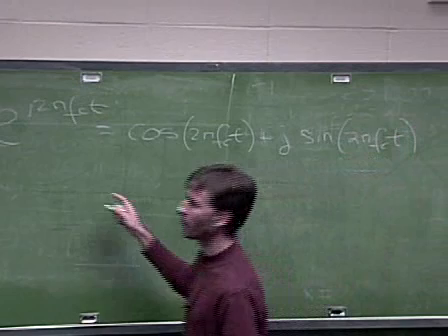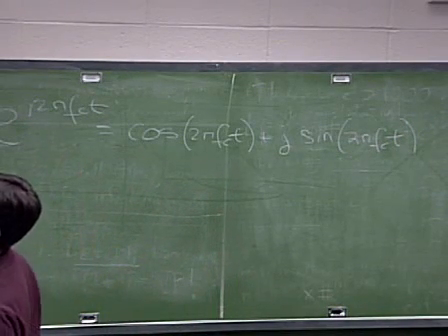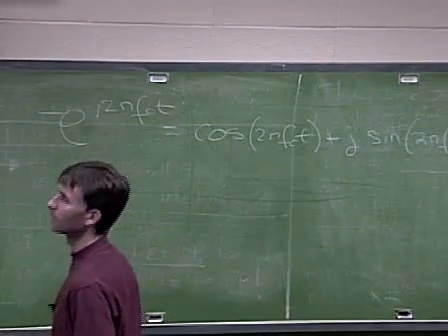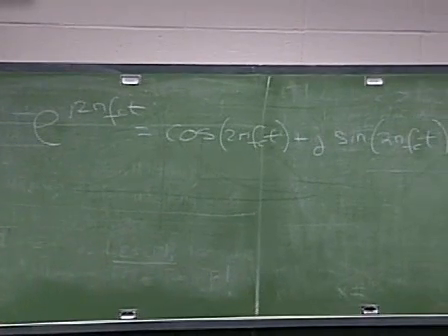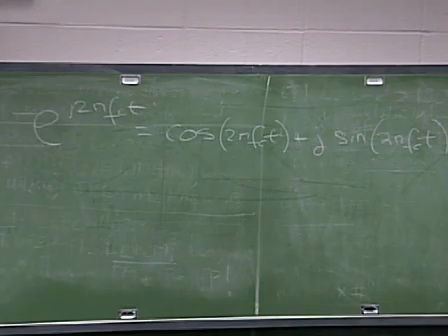Okay, so that's the complex exponential. We multiply this by the s of t at the top. We take only the real part. We get exactly what we had at the top.